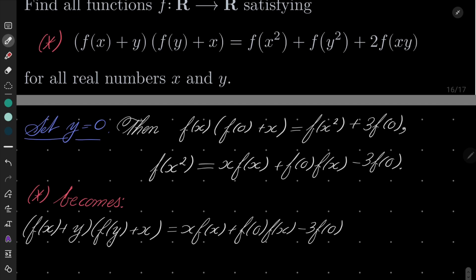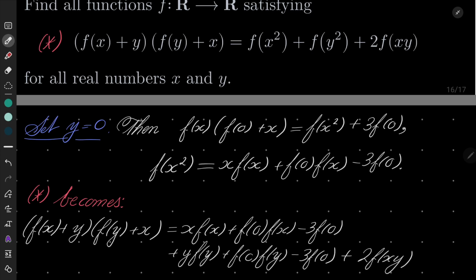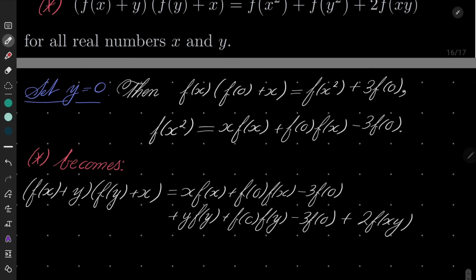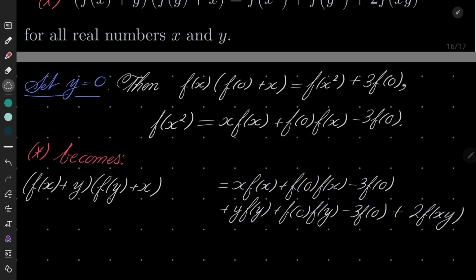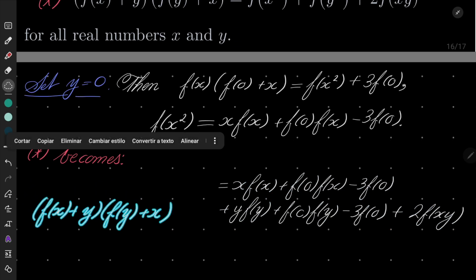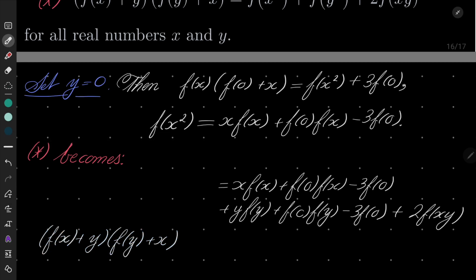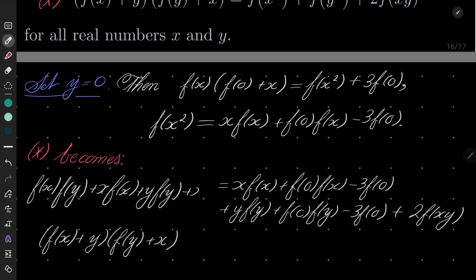Instead of f(y)^2, I can also put the derived formula because it works for every number, so it also works for y. And finally, we have plus 2 f(xy). And maybe I will do one more thing. I will expand the left-hand side, because there I have f(x) times f(y) plus x times f(x) plus y times f(y) plus xy.